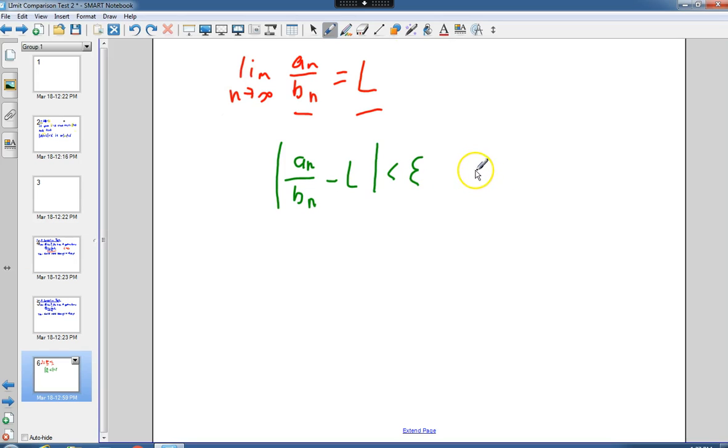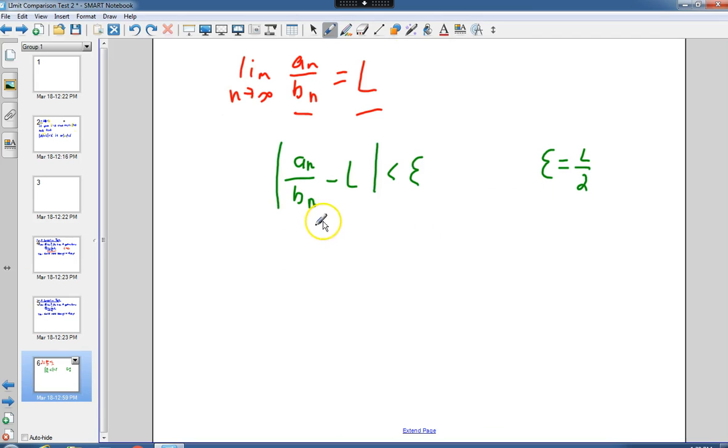That has to be true to satisfy the definition of the limit. Now, again, we're usually provided the value for epsilon that we have to demonstrate this is true for. But for this particular proof, I'm going to say that epsilon is a number, and in this case, I'm going to call it the number L over 2.